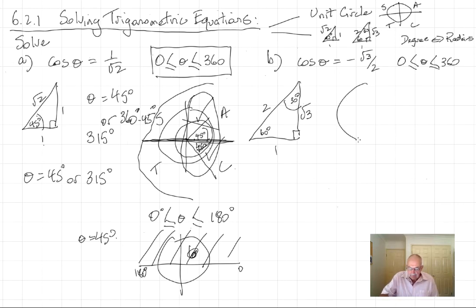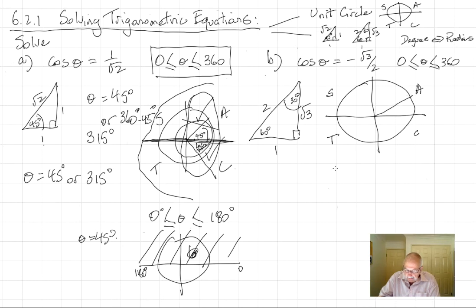So if we draw our unit circle, another way to remember it is C-A-S-T, CAST, but we start down there when we do that. So first of all, we find what angle cos of alpha equals, forget about the sign, we'll just go root 3 on 2.